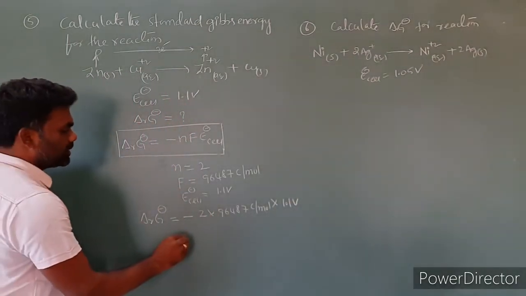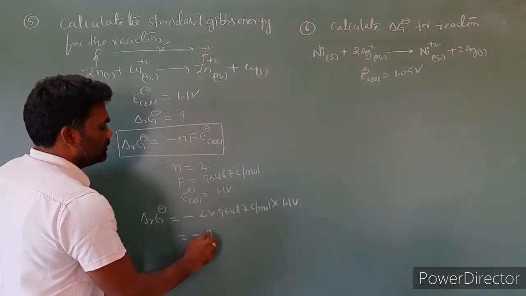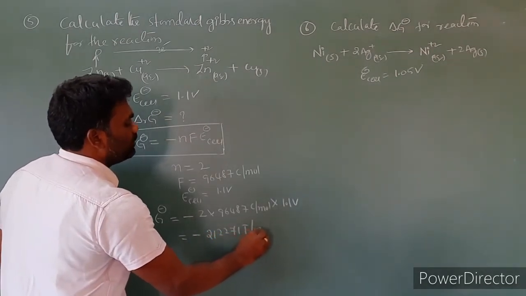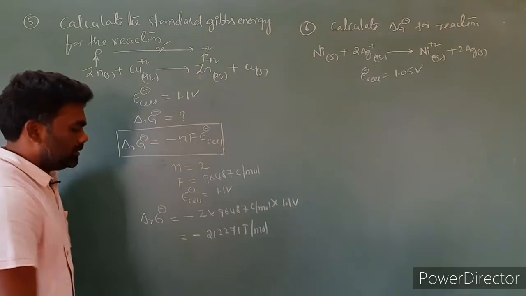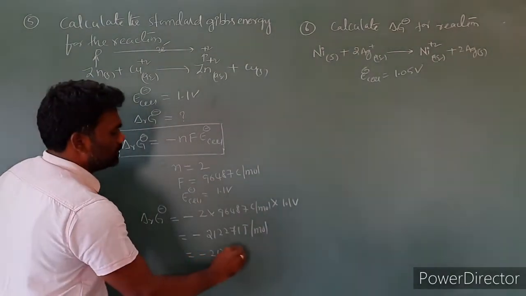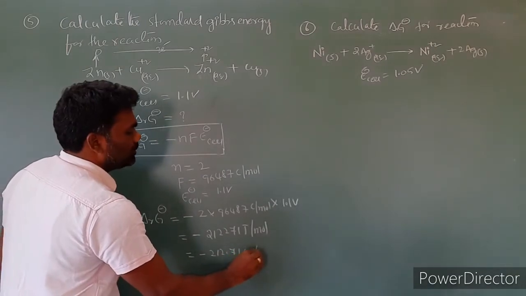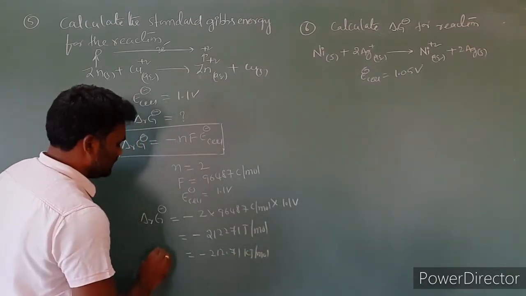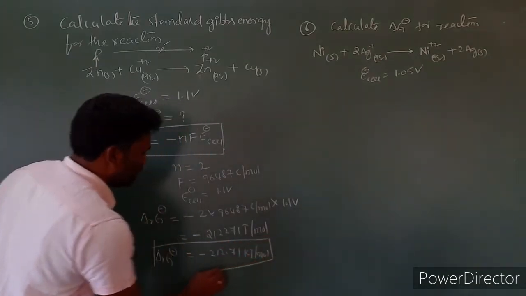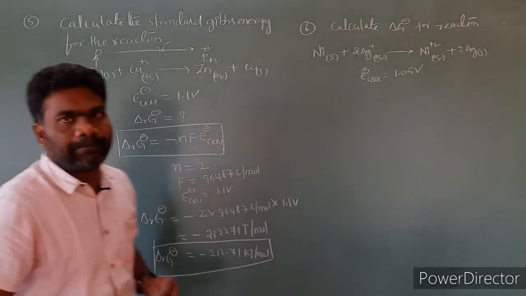So upon simplification we get minus 212271 joule per mole. We convert this into kilojoules: minus 212.71 kilojoule per mole. So this is the standard Gibbs energy for this cell.